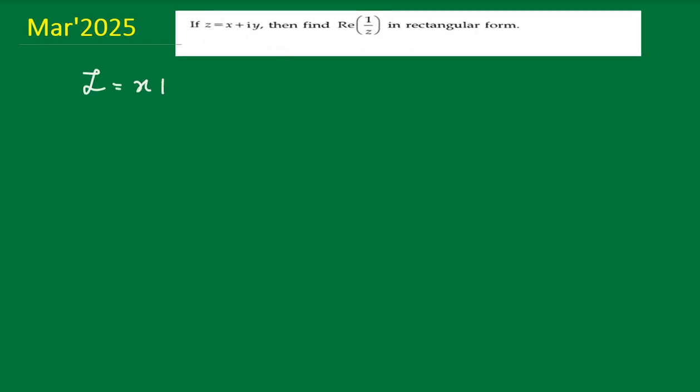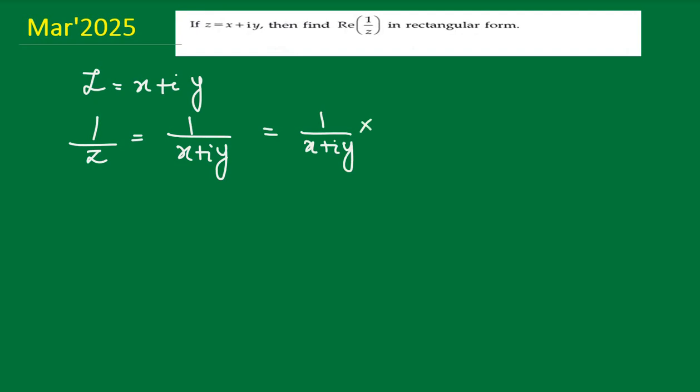Another simple problem: if z is equal to x plus iy, we find what is real part of 1 by z. So given z is equal to x plus iy, the real part of 1 by z we have to find. Let us first find what is 1 by z. 1 by z is equal to 1 by x plus iy. So multiply by the conjugate of the denominator, we get x minus iy divided by x minus iy, which is equal to x minus iy divided by x square minus i square y square. i square is minus 1.